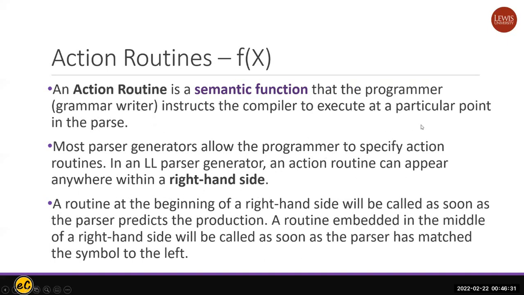So the function can always show up in the right-hand side, and you can evaluate and create a value for it. A routine at the beginning of the right-hand side will be called as soon as the parser predicts a production. A routine embedded in the middle of the right-hand side will be called as soon as the parser has matched the symbol to the left. So left side match, you continue.